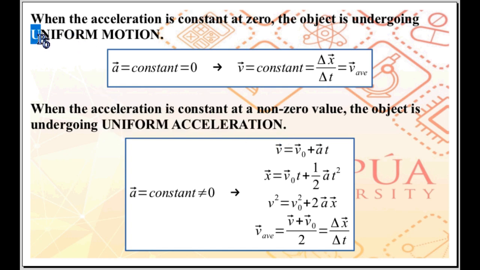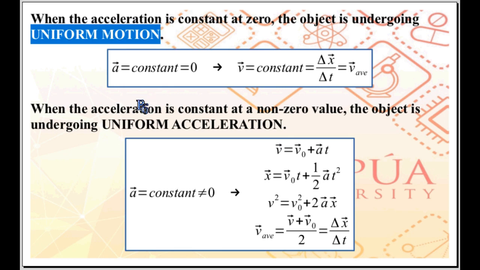For uniform motion, the acceleration is constant at zero. The velocity is constant. The rate of change of velocity is equal to 0.